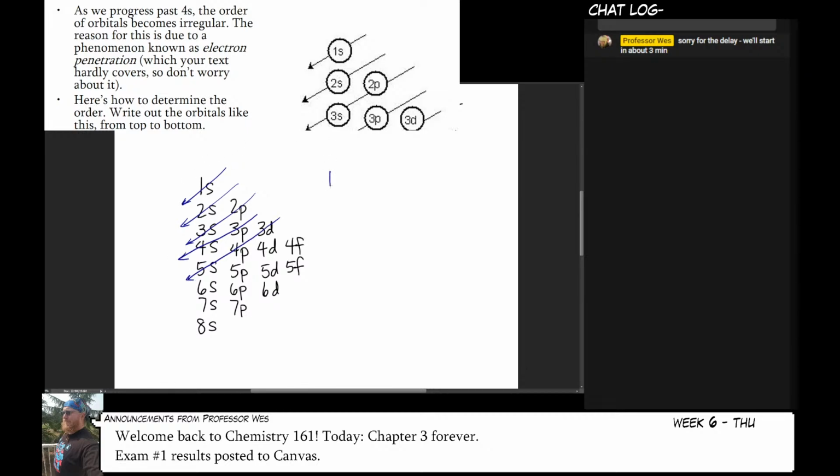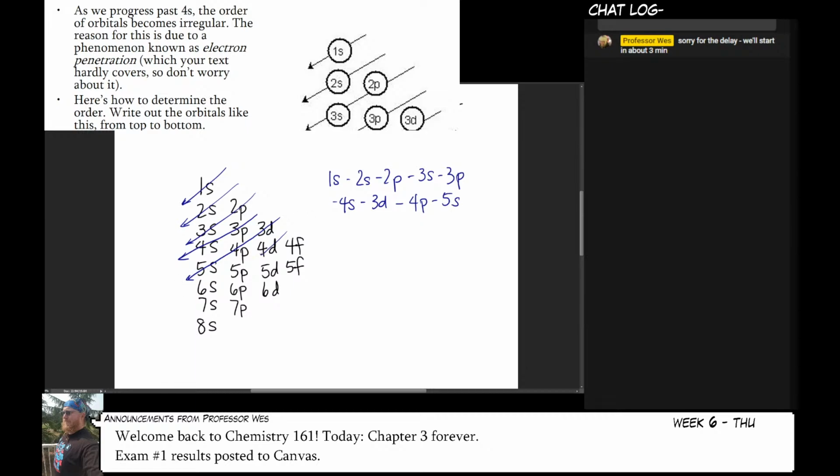So I'd start at 1s, then 2s, 2p, 3s, 3p, and then after 3p I hit 4s. And then after 4s it would be 3d, 4p, 5s, and then what comes after 5s?